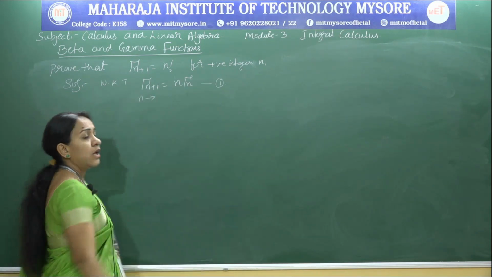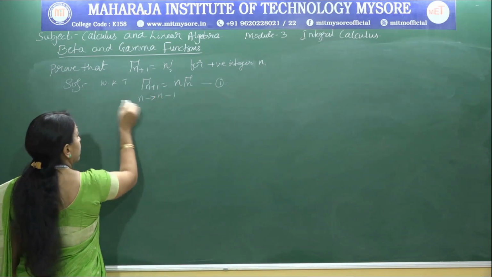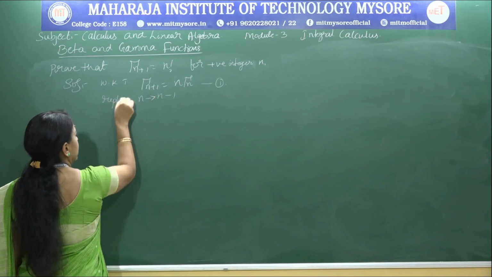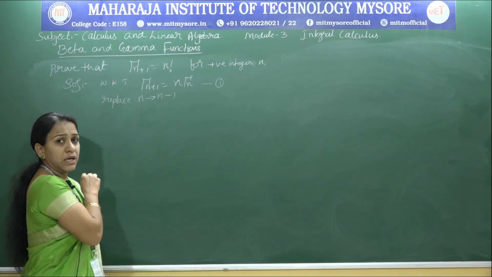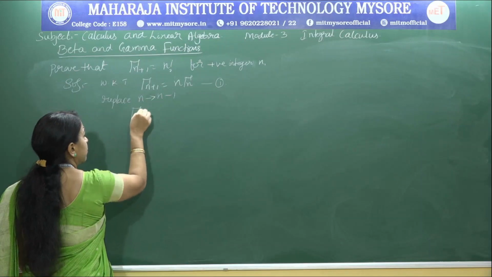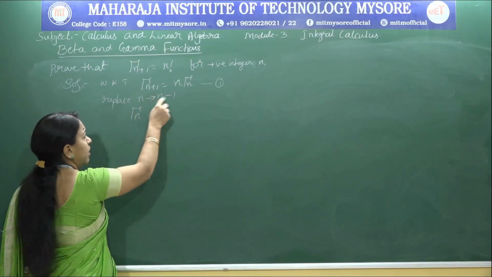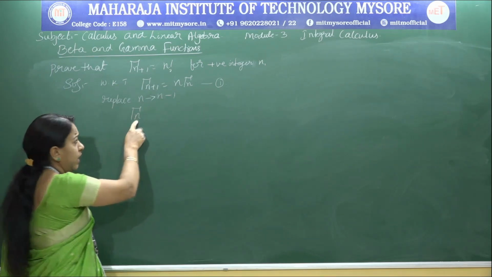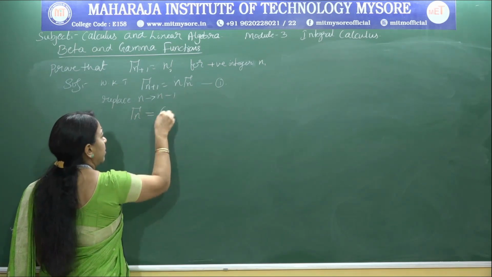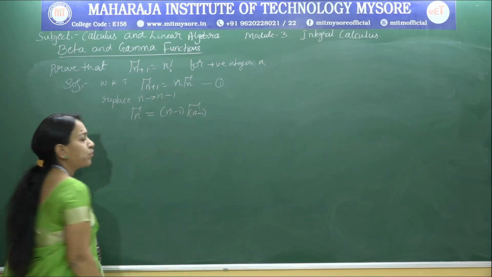Let me replace n by n minus 1. Then here I remain with gamma n, and the remaining value is n minus 1 into gamma n minus 1.